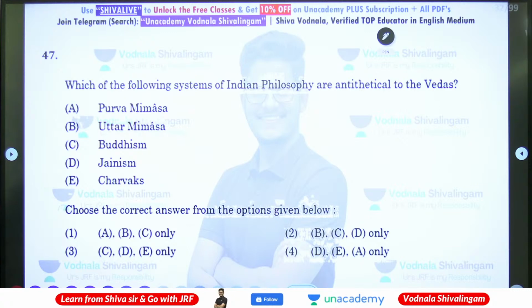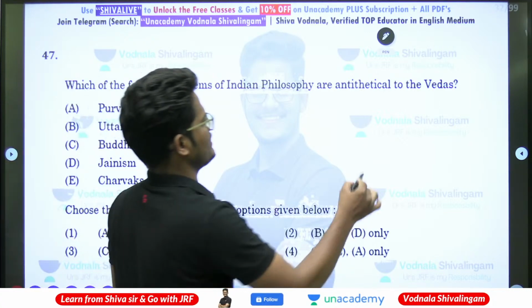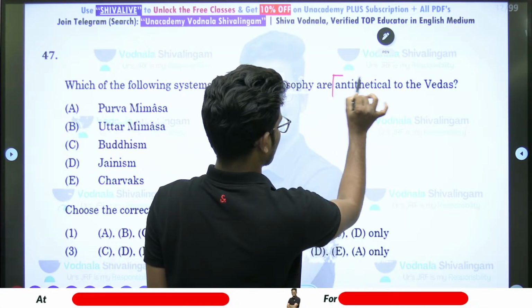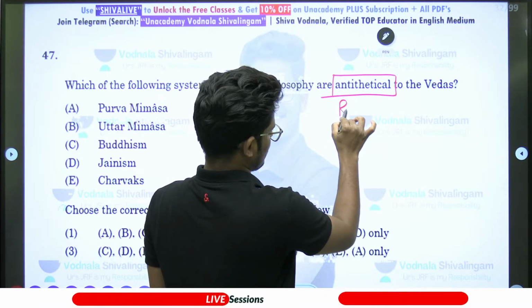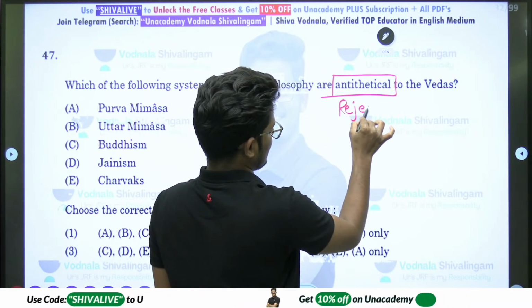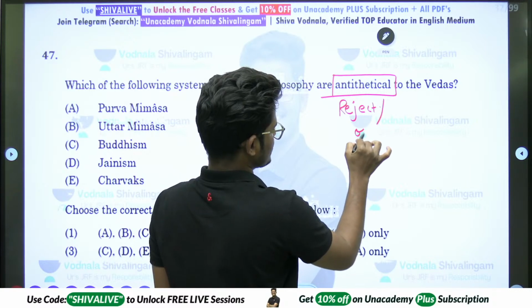Which of the following systems of Indian philosophy are anti-ethical to the Vedas? Anti-ethical means rejecting the Vedas or opposite to the Vedas.